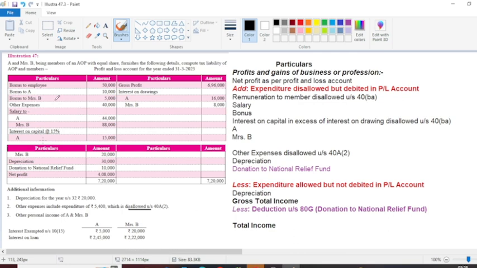And depreciation: the depreciation debited is not as calculated for income tax purposes, so we need to add back 30,000 to the net profit. As per income tax, we may debit only 20,000 in the P&L account, so we subtract 20,000 from the net profit.